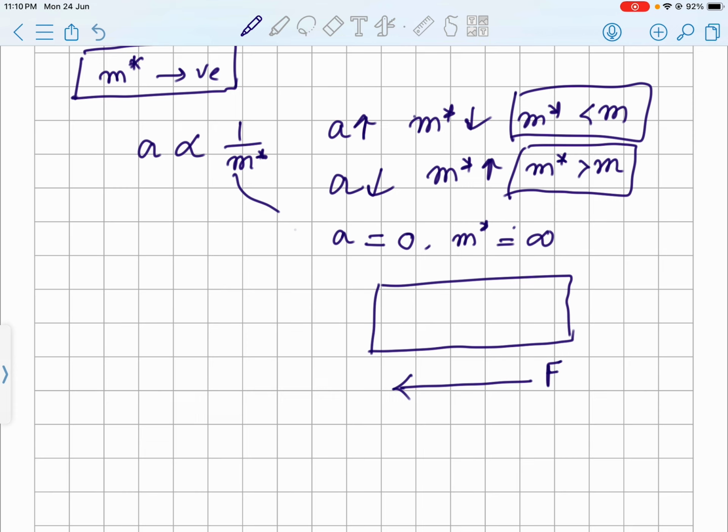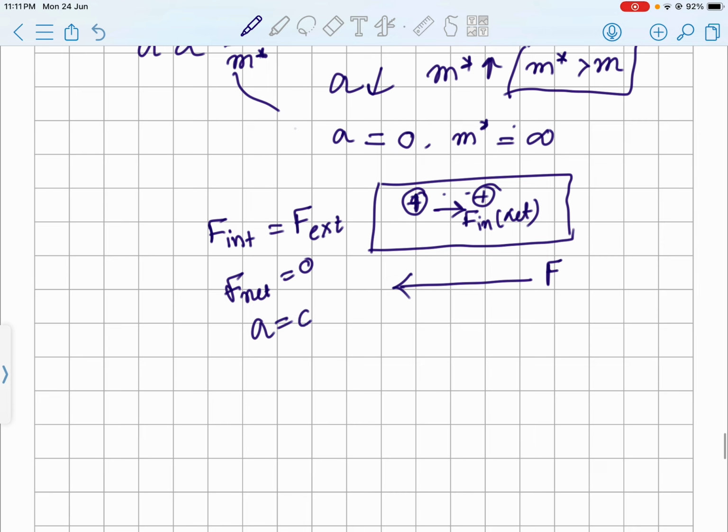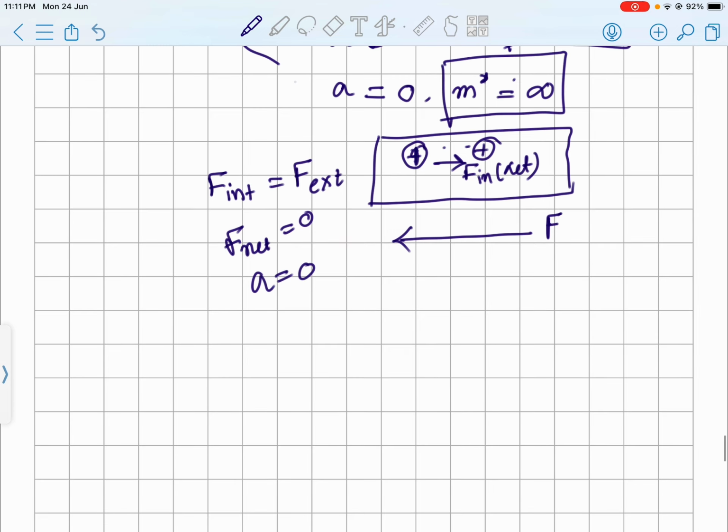Now due to the ions here, there is also an internal force. Let us consider this in this direction. Let F internal equals F external, then their net force is 0, so acceleration will be 0. This is the case of m star equals to infinity. Okay, this is the physical significance.